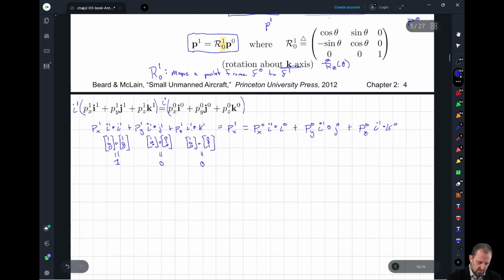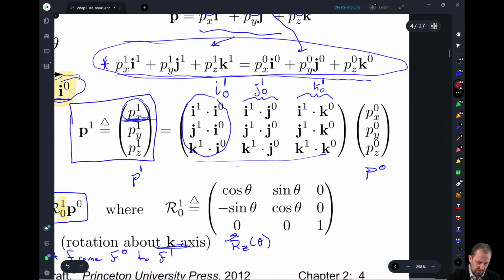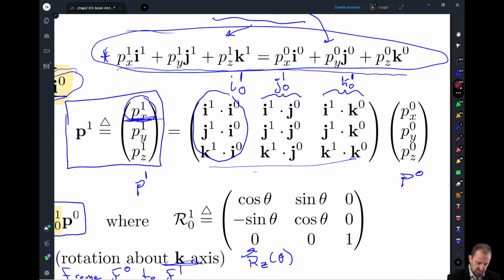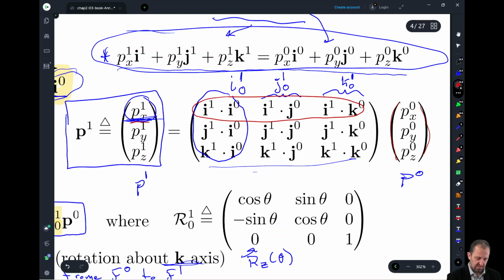So we end up getting this relationship, which, if we come back to this equation, is just the matrix multiplication of the right-hand side by that first row to give us Px.